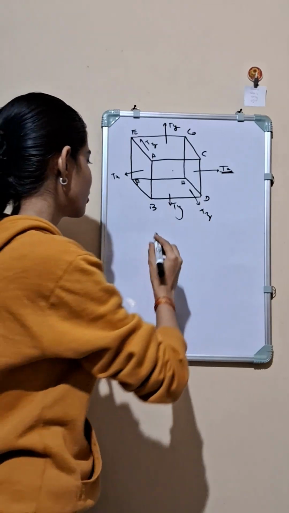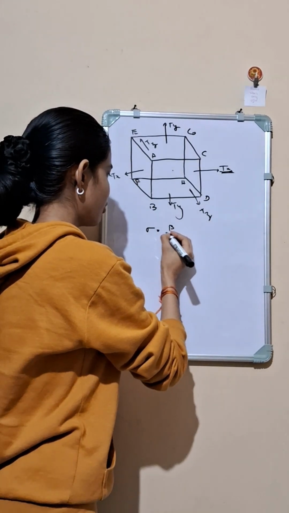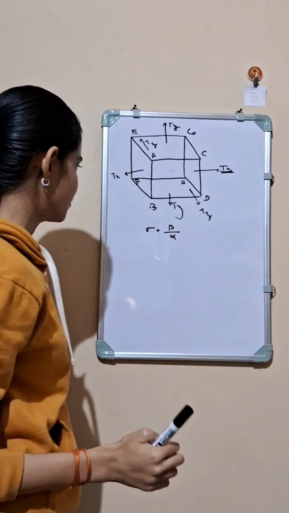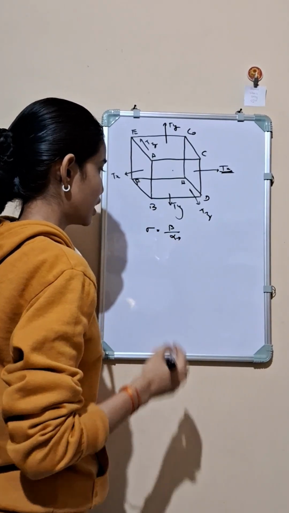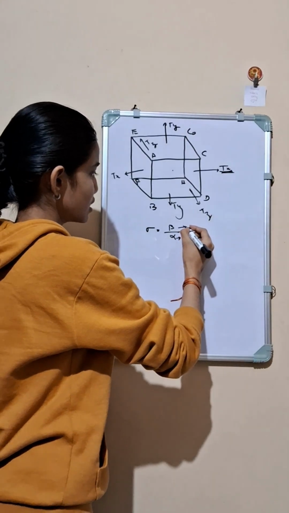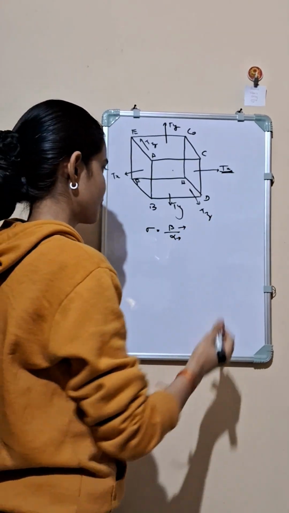So now we are going to calculate the volume. For that we have to know about sigma. Sigma is beta by alpha, right, where alpha is the linear strain and beta is the lateral strain per unit stress.